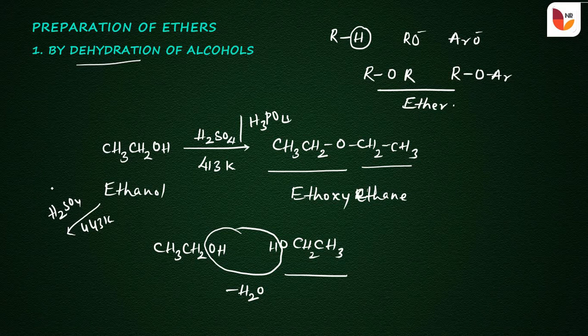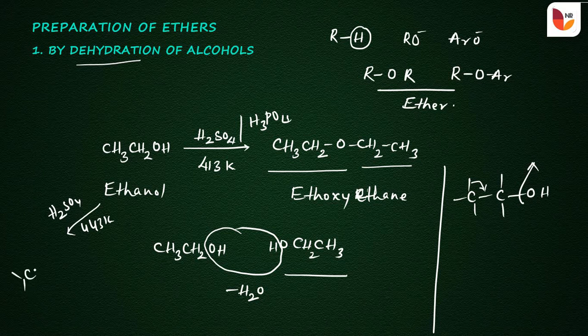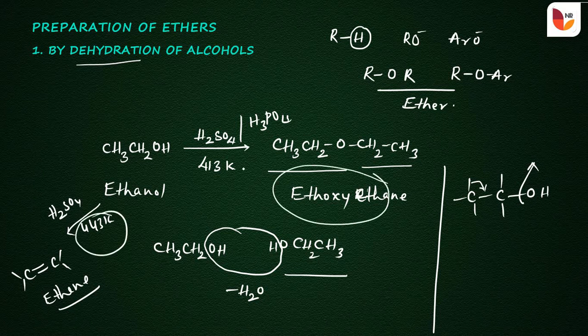With removal of a water molecule, the obtained product has a C double bond C, and it is called ethene. So ethene is obtained at 443 Kelvin, but ethoxyethane is obtained at 413 Kelvin.